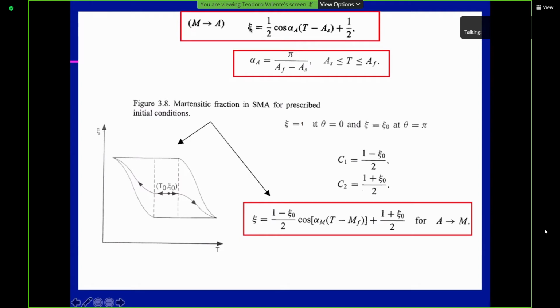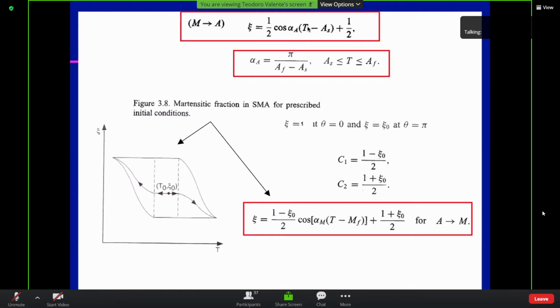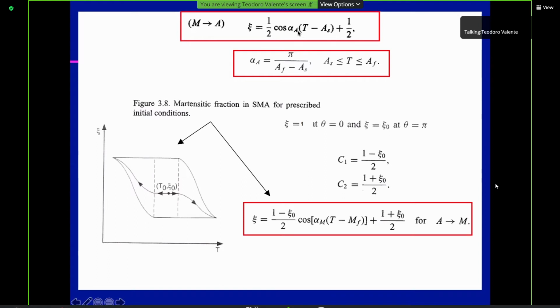The percent of martensite at a certain defined temperature T is equal to 1/2, which multiplies the cosine of A, which is defined as the ratio between pi and the difference AF minus AS, multiplying the difference given by the real temperature and the austenite start temperature, plus 1/2. And this is the martensite to austenite transformation, which is able to occur when the temperature is in the range austenite start, austenite finish, that is AS to AF.